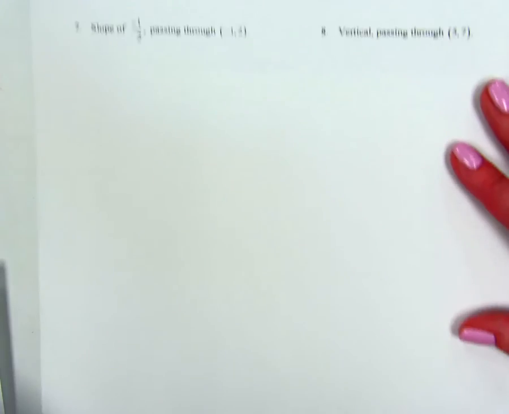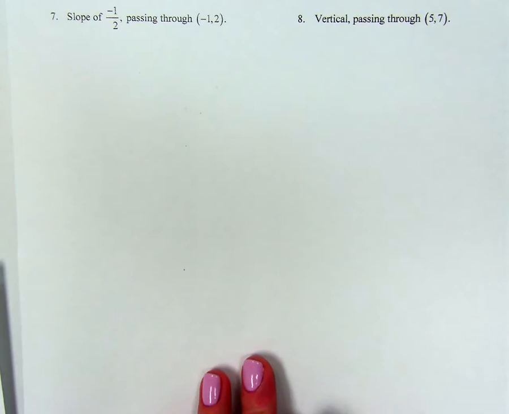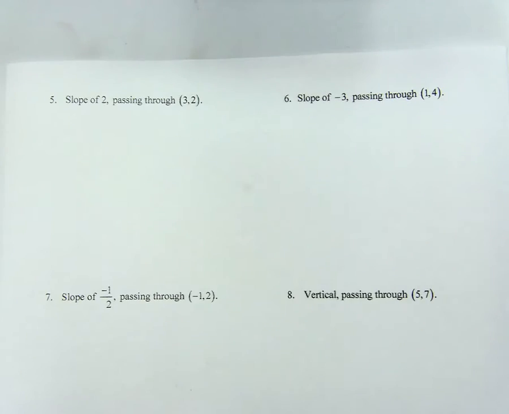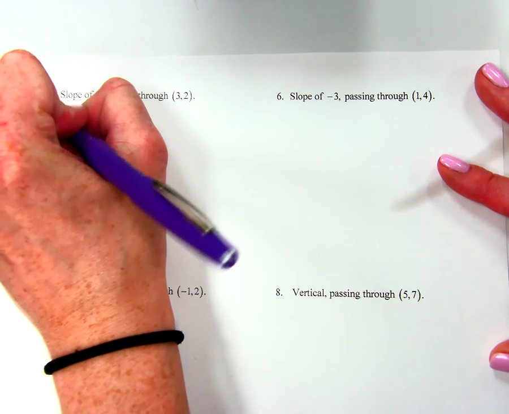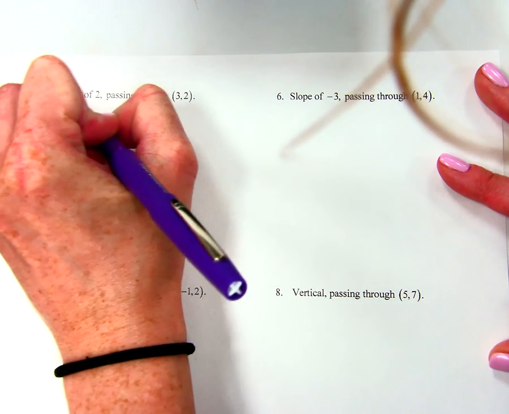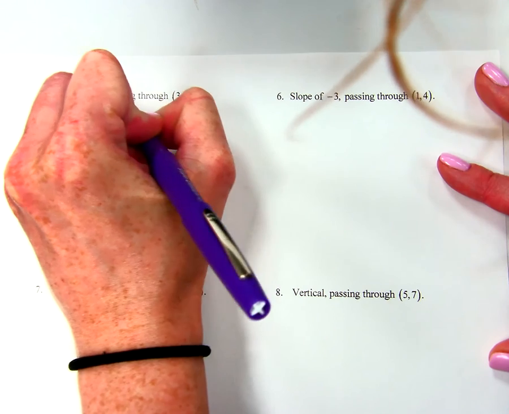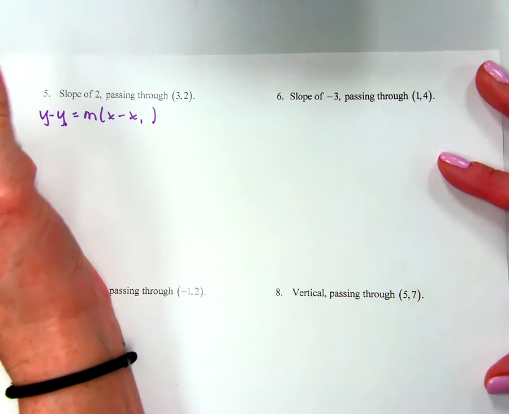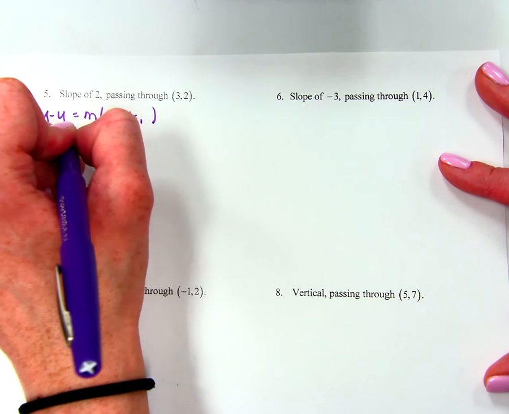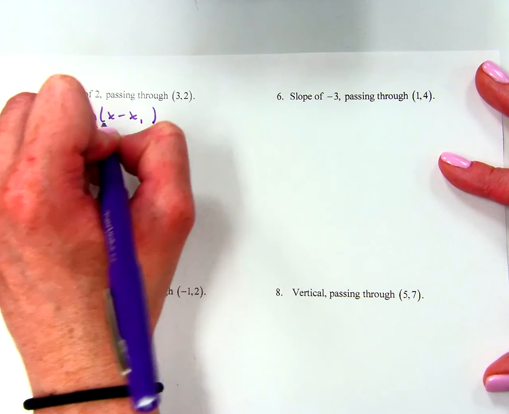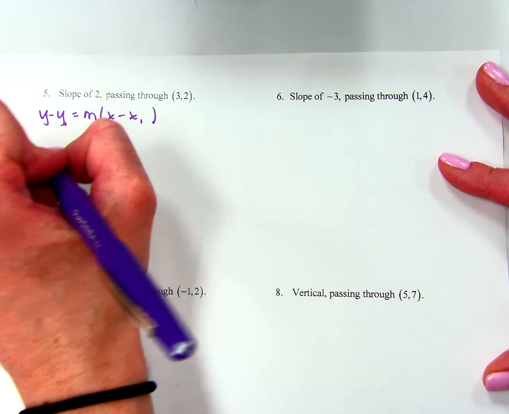So let's do number 5. Number 5 says the slope is 2, and it's passing through the point 3, 2. For this, we're going to use our point slope form, which is y minus y sub 1 equals m times x minus x sub 1. We're going to substitute in our y and our x into the y sub 1 and the x sub 1, and then our slope in for m.